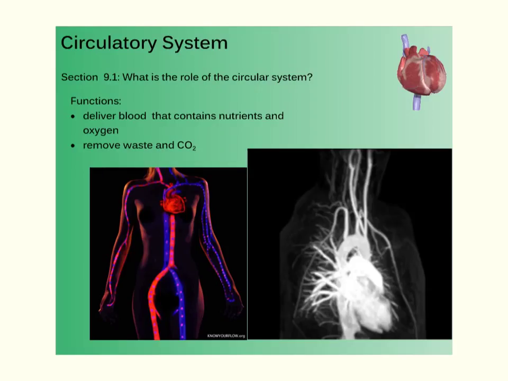It comes directly out of the top of the heart. And notice that that will then smooth out into arteries, and those arteries turn into arterioles, and eventually into really, really tiny blood vessels called capillaries, which we'll talk about more in section 9.4. But again, major functions: deliver blood that contains nutrients and oxygen, remove waste and CO2.